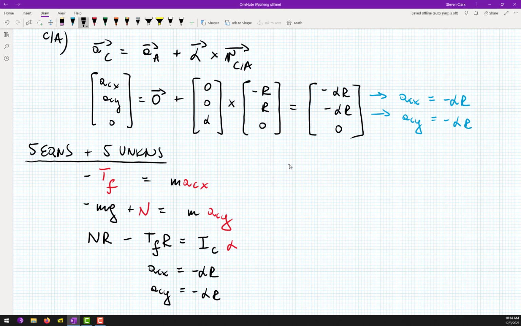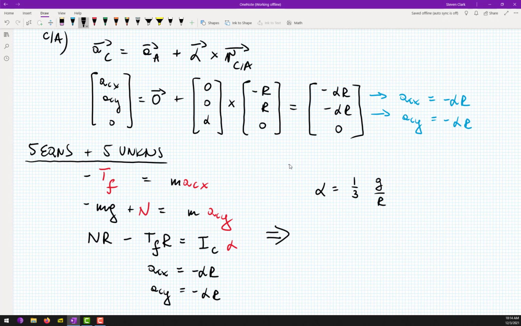Okay, so this is the solution to this system of equations. Our alpha is 1/3 g/R.